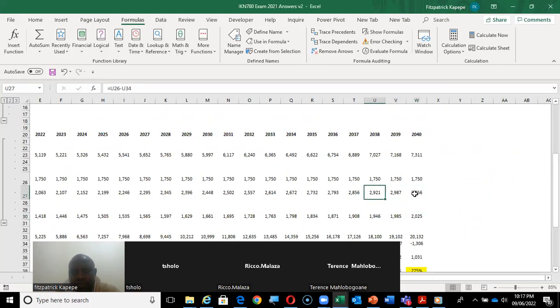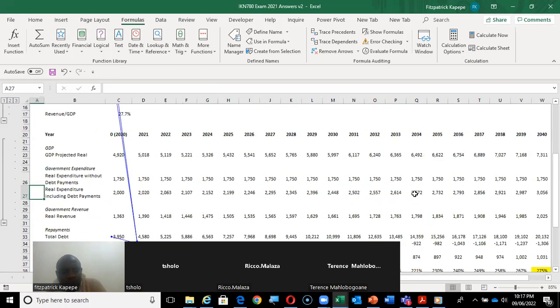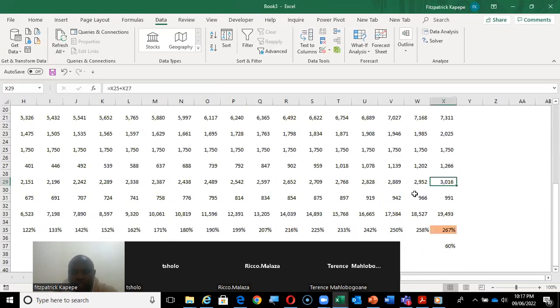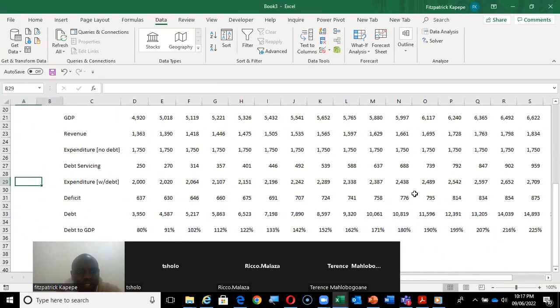Yeah. Okay, because there I said 16. In 2020 it was 2000. What's the value there? It's the same as 2000.